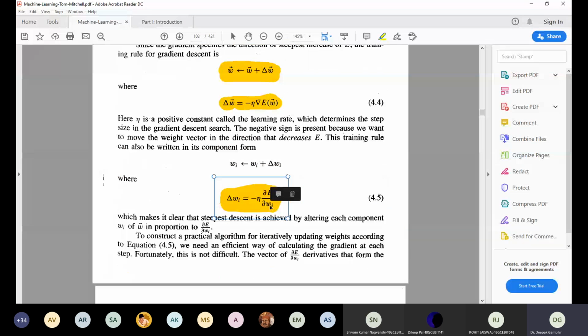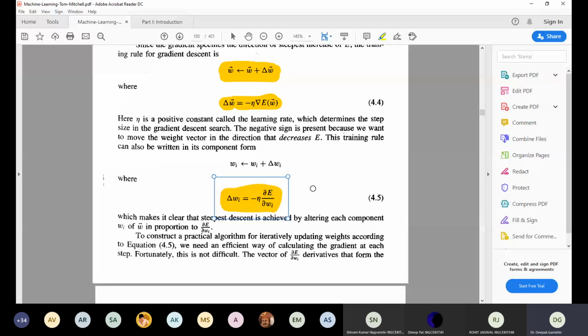One thing we need to consider here is why it is negative and not positive, because in perceptron learning we have used this as positive, whereas in gradient descent we say this is negative.